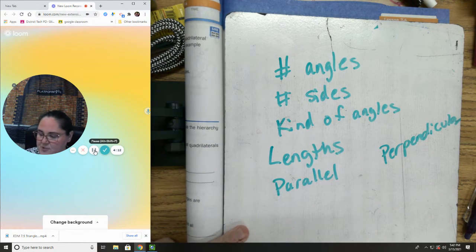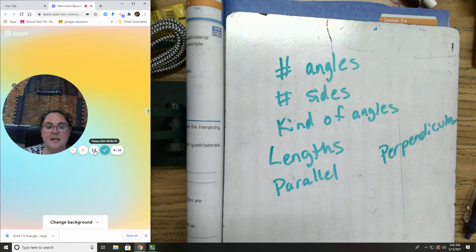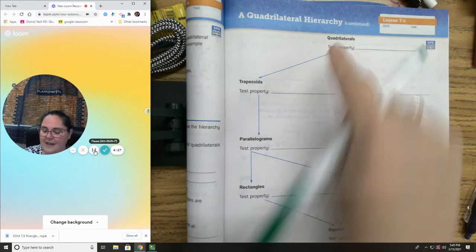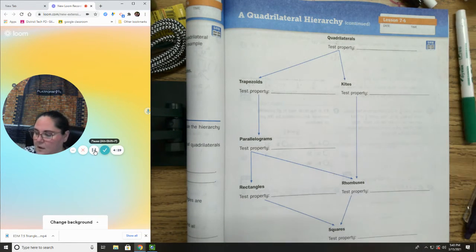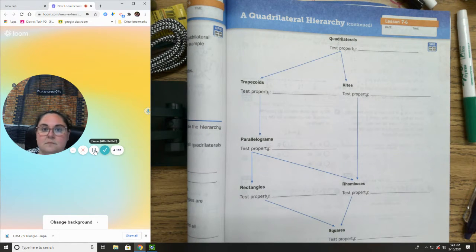These are main attributes that you're going to be able to see and talk about. So number of angles, sides, kinds of angles. These are things that we're going to look for when we're trying to classify and separate our quadrilaterals. So first of all, a quadrilateral. Well, let's think of the word quad. What do we know about the word quad?